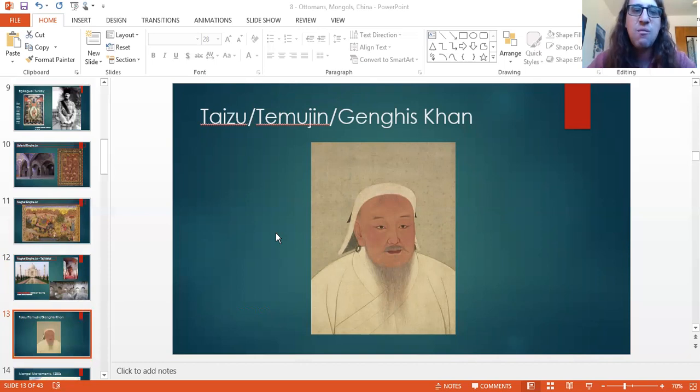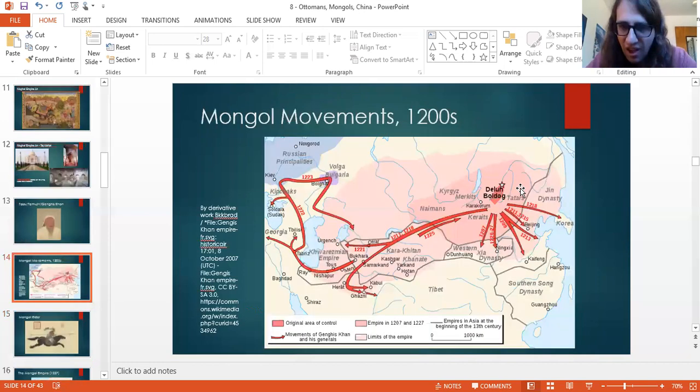And he was a leader of a group of sort of loosely affiliated horsemen in Mongolia. And Mongolia is up here to the north of China.